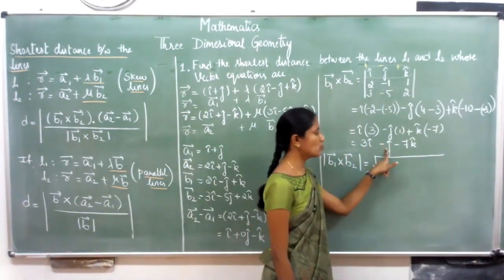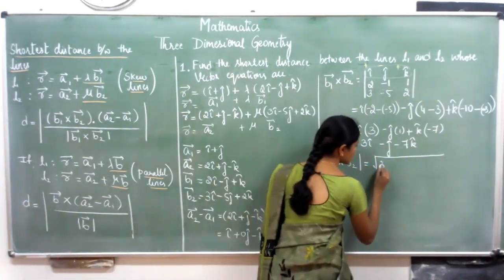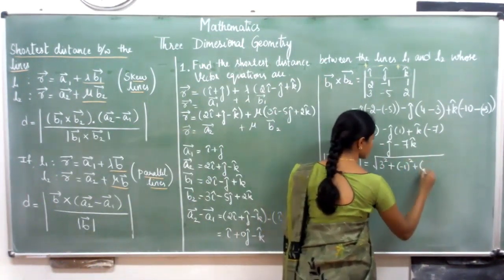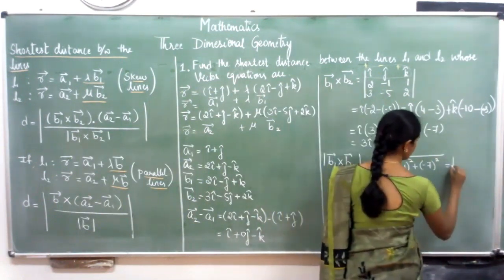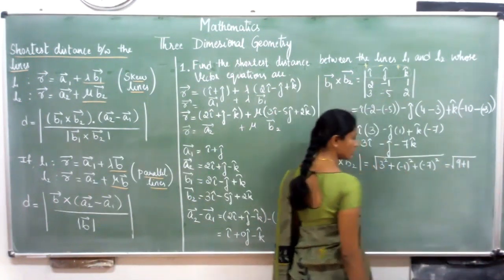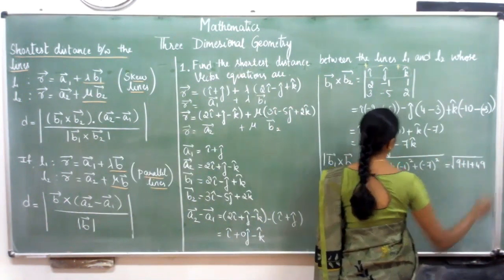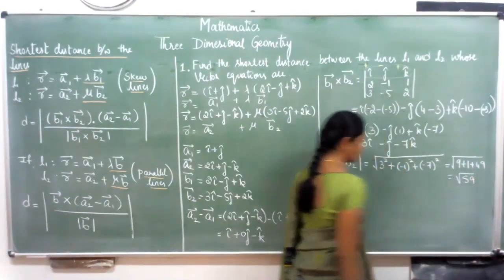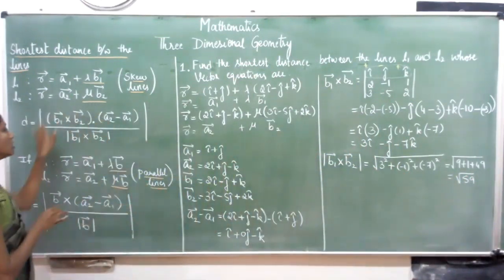It is 3, y is minus 1, z is minus 7. So that becomes root of 3 square plus minus 1 the whole square plus minus 7 the whole square, which is root of 9 plus 1 plus 49. So 49 plus 10, it is root 59. So we have now found all these values.